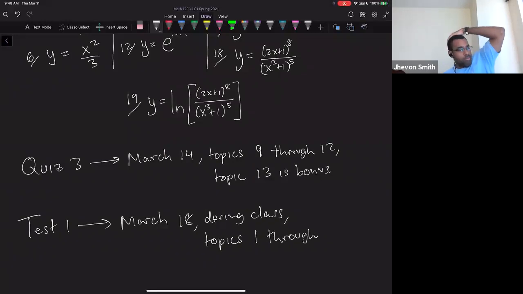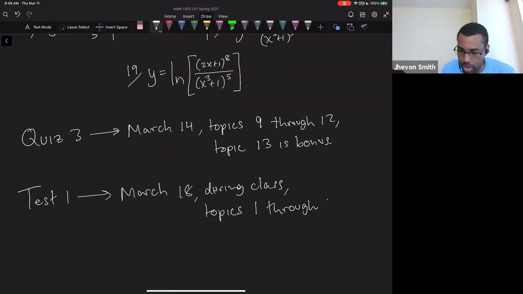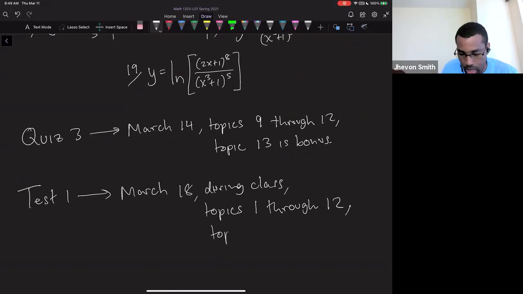I mean, we could rush and start topic 13 on Monday, but then to rush through that on Monday and then give you a test on Thursday, it's probably not nice. So even though the syllabus says the test goes up to topic 13, I'll do it also 1 through 12. With topic 13, learn that for a bonus. So I might actually put bonus problems on 13. That way we won't have to rush. We can just make sure we finish topic 12. We understand everything about that, but that will cover everything.